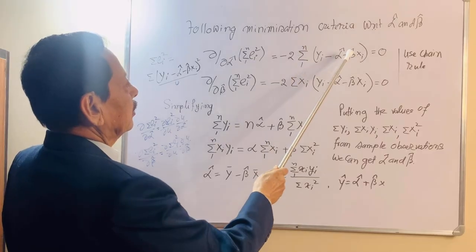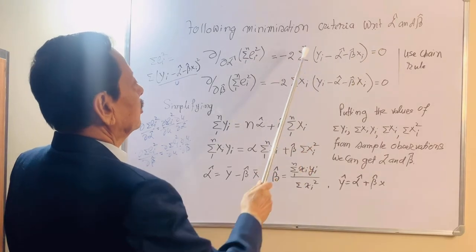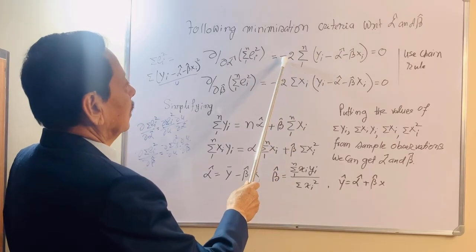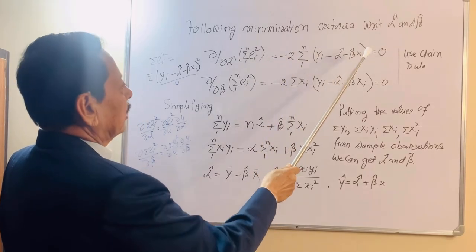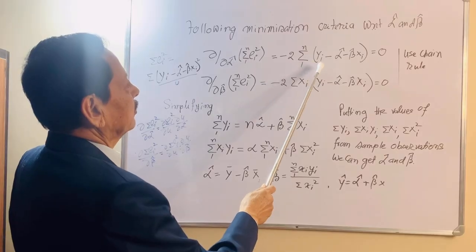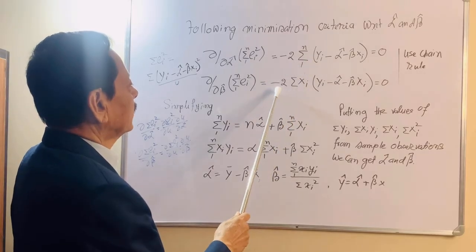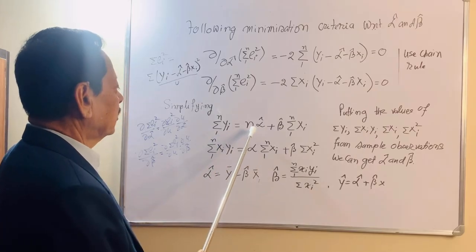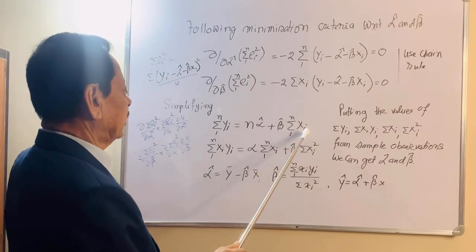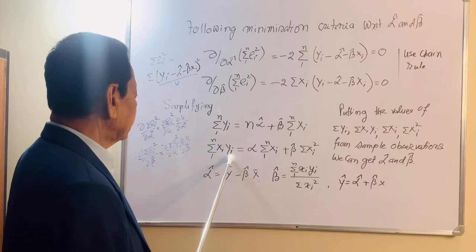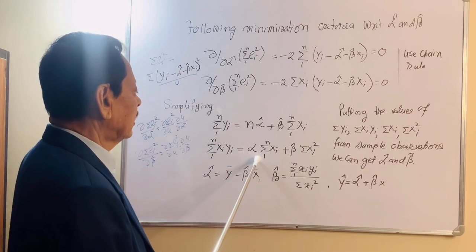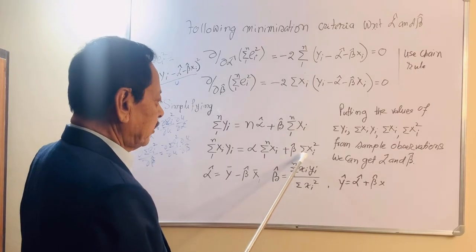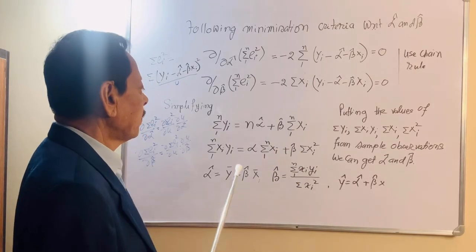This means this is equal to, if we divide 0 by 2, this is equal to this, and multiply both sides by minus 1, it will be positive, and similarly this. So summation yi is equal to n alpha plus beta head summation xi, then summation xi yi is equal to alpha summation xi plus beta head summation xi square.